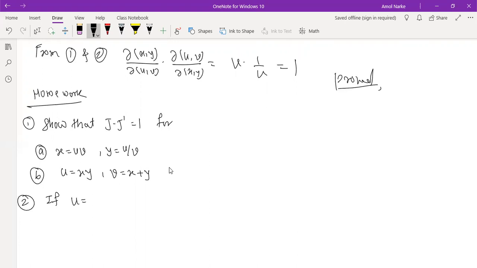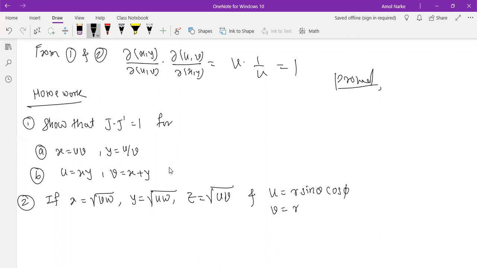If u is equal to, in terms of xy, I will give you x is equal to square root of vw, y is equal to square root of uw, z is equal to square root of uv, and u is equal to r sine theta cos phi, v is equal to r sine theta sin phi, and w is equal to r cos theta.